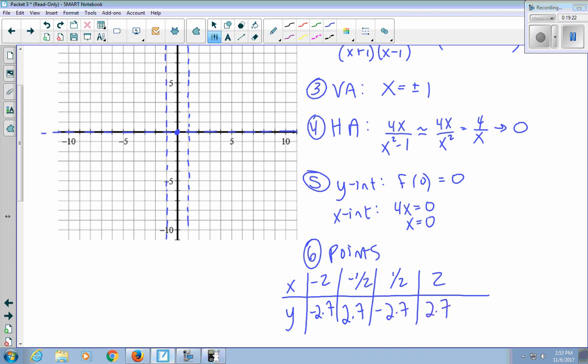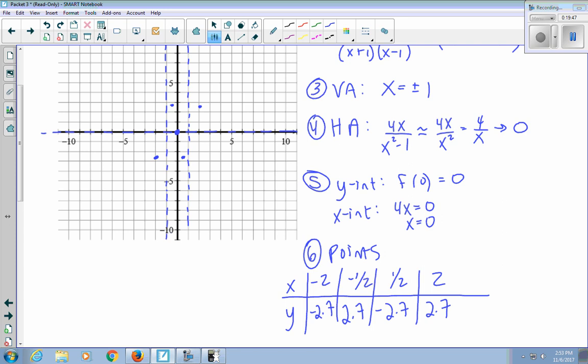All right, so I'm going to plot those points. Negative 2, negative 2.7, negative 1/2, positive 2.7, positive 1/2, negative 2.7, and 2, positive 2.7. Then use my asymptotes as a guide.